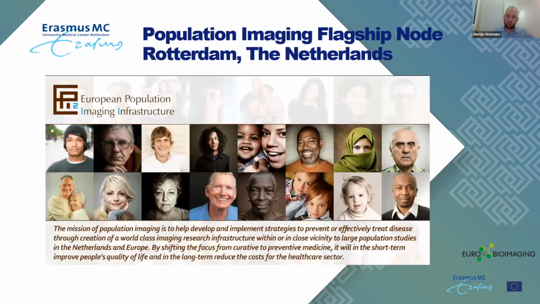I'm from the Erasmus Medical Center, and we're the population imaging flagship node. We have a large population imaging study in Rotterdam, where this hospital is from, where we followed a lot of people over a long period of time, approximately 30 years, and we've collected a lot of data about them. Clinical data, but also a lot of imaging data.